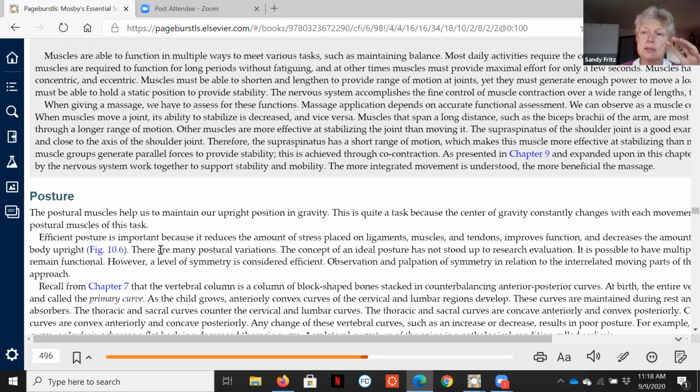So I do think that posture has an effect, but I don't think that we have to strive to be totally symmetrical and in that rigid upright posture.